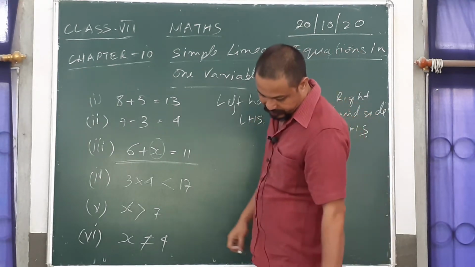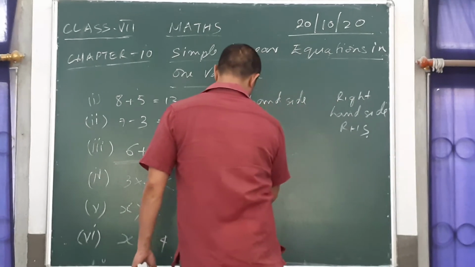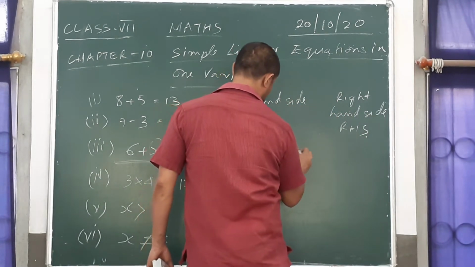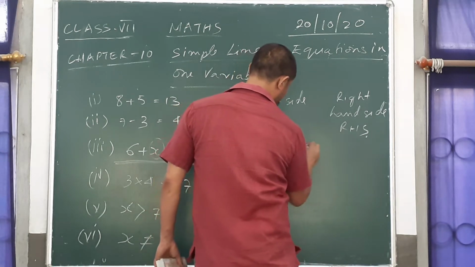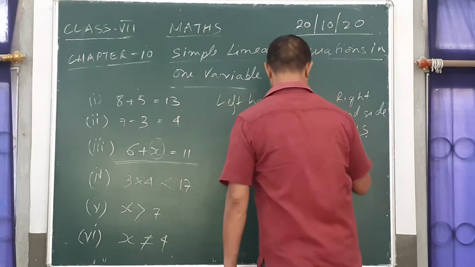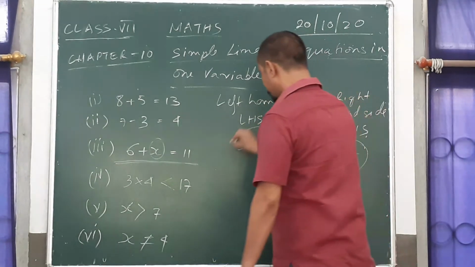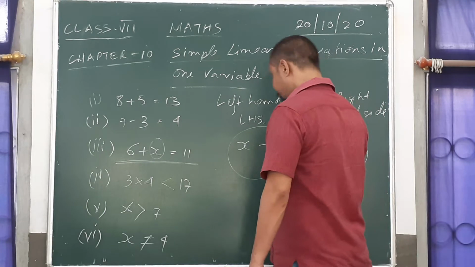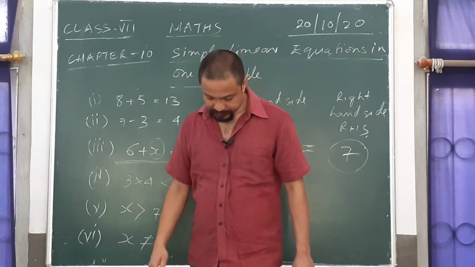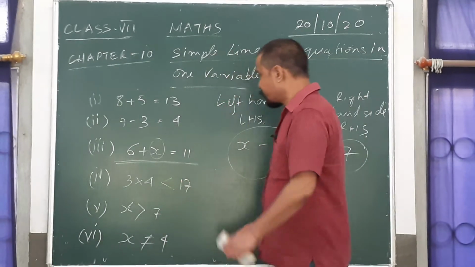For example, this equation x minus 2 is equal to 7. So this becomes the right hand side, and this becomes the left hand side, divided by the equal to sign. Okay.